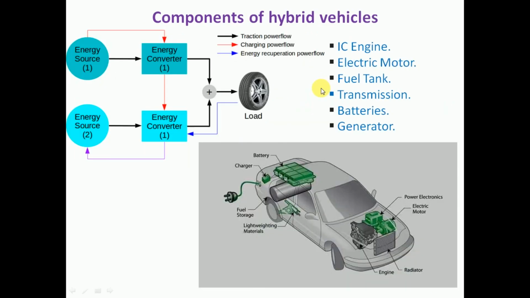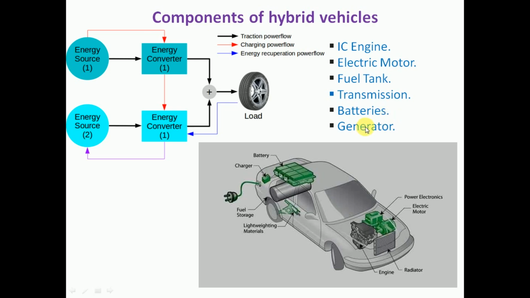The next, the components of a hybrid vehicle. As we know, the hybrid vehicle uses both the internal combustion engine as well as the electric motor to run the vehicle. Therefore, the different components used are the internal combustion engine, electric motor, fuel tank to supply the fuel to the internal combustion engine, transmission to transmit the power generated from either the electric motor or the IC engine to the wheel, and the battery to store the electricity.